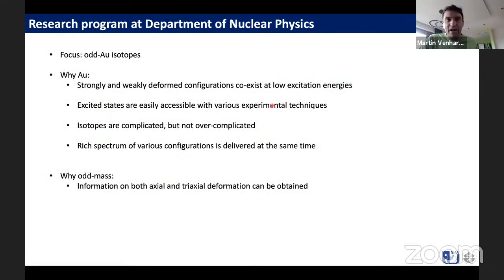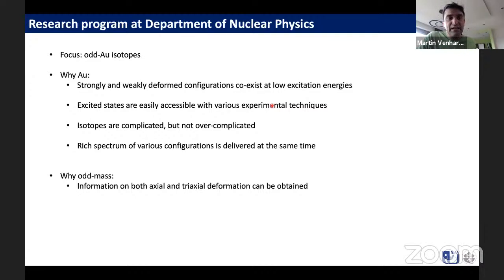Okay, so now I finally come to the research program at the Department of Nuclear Physics, and our focus is on odd-mass gold isotopes. Why gold? The reason is that strongly and weakly deformed configurations coexist at low excitation energies.